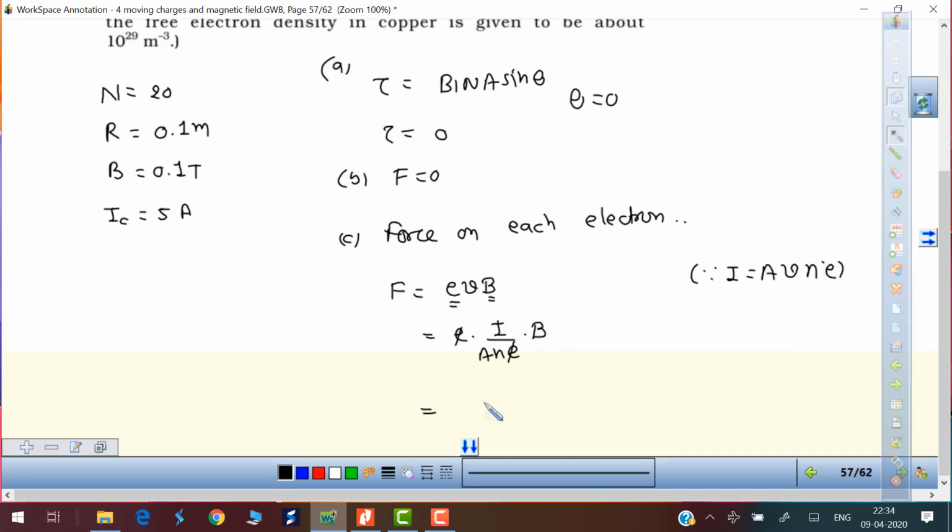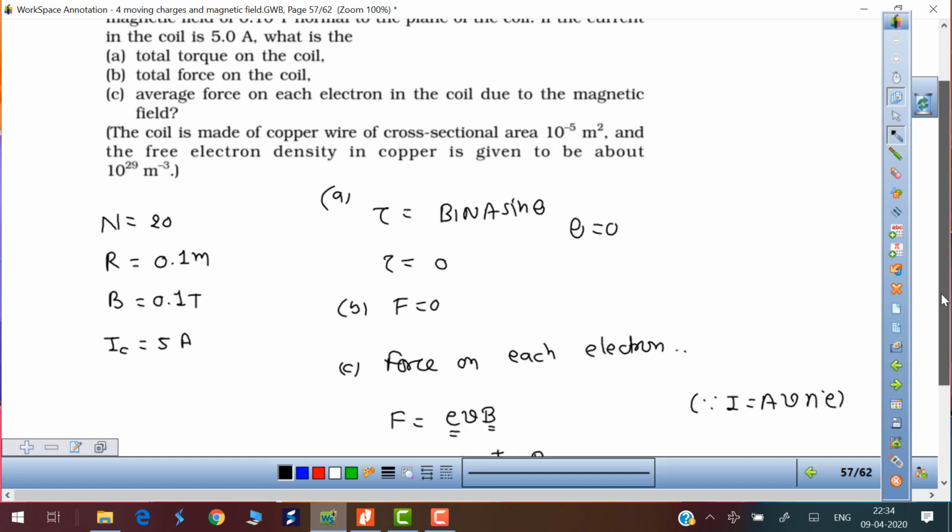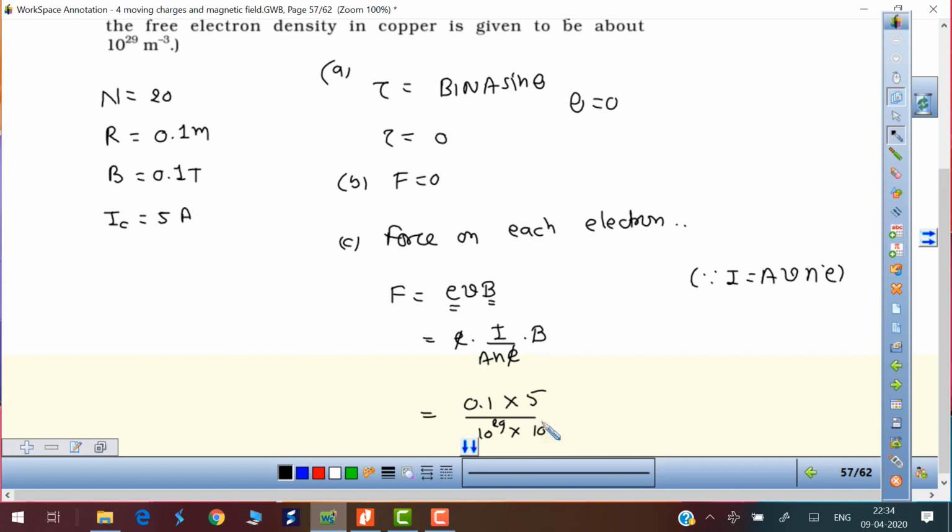So we have the electric current, and the magnetic field is 0.1 and current is 5 ampere, divided by n, the number density, which is 10 raised to 29 as given, and the area, which is given as 10 raised to minus 5.